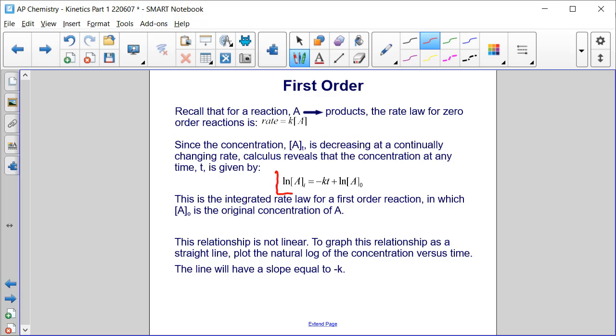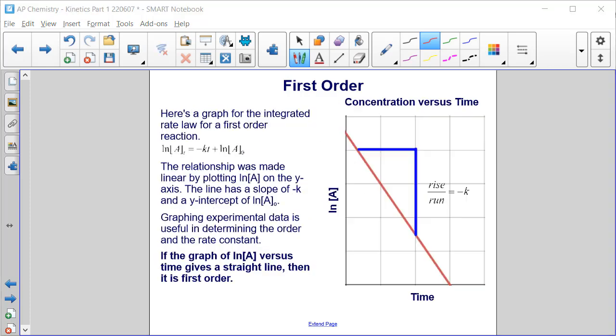If I plot this entire thing as my y-axis and t as my x-axis, I will get a straight line with a slope equal to minus k. Remember that y equals mx plus b. So if I plot natural log of concentration, rather than just concentration, I'll get a straight line, and that line will have a slope equal to minus k.